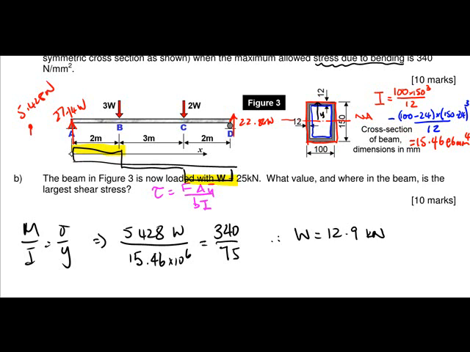You've got to work out which is the bigger value, and if you do it properly, you'll find that this is 67.86 and this is minus 57.14, with W of 25. So that will be 75 kilonewton, and that will be 50 kilonewton. The largest shear force value is this one.